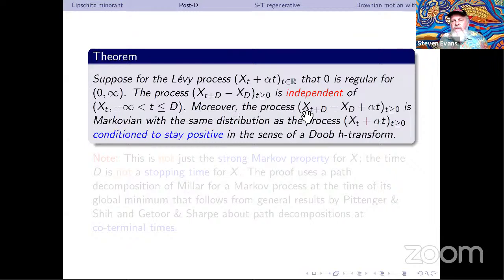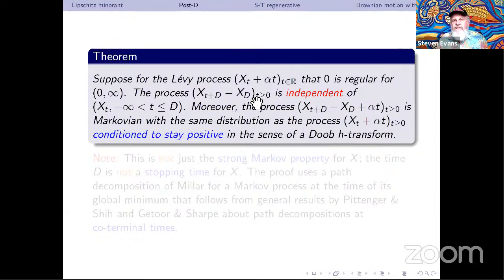Okay, and moreover, this process here is Markovian with the same distribution as this guy here, conditioned to stay positive in the sense of a certain Doob h-transform.